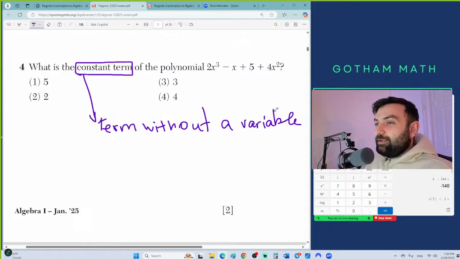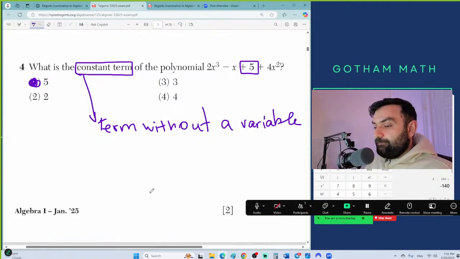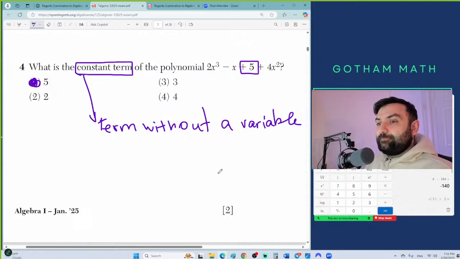Just a number without x. That's what it means in this case, because the variables are x's. So just a lone standing number. 5. That's all. It's just a theory. Just remember that. Moving on.